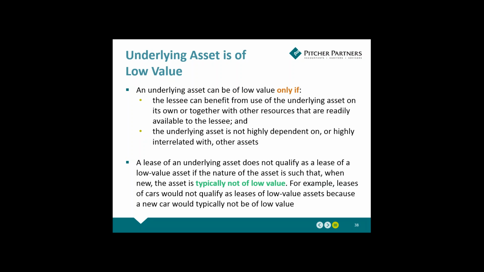Leases of cars would not qualify as leases of low value assets because a new car would typically not be of low value. All right, so we don't care whether we buy the smallest car or the most expensive car, whether our entity is small or big. That's some guidance that cars definitely are not low value.